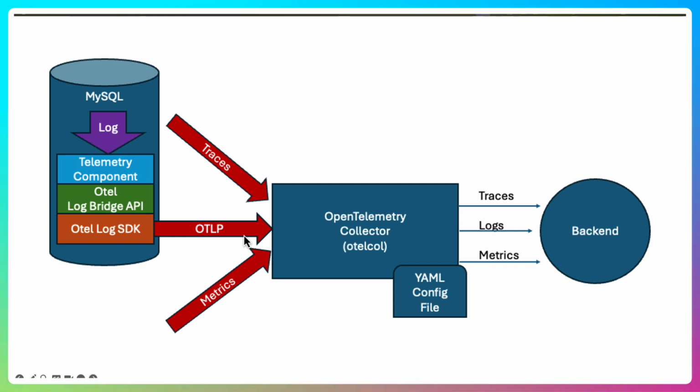And in this example, I have installed an OpenTelemetry local collector, and I'll show you how I configured it, and then I'll explain how the YAML configuration works so that you can take data out of MySQL for the error logs and stream it into various backends that accept logging.